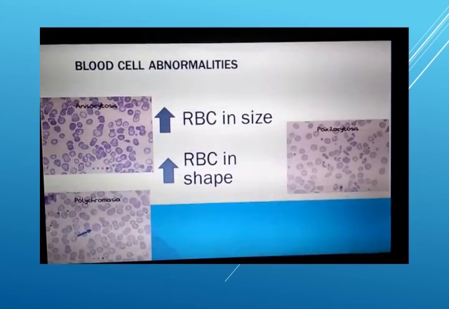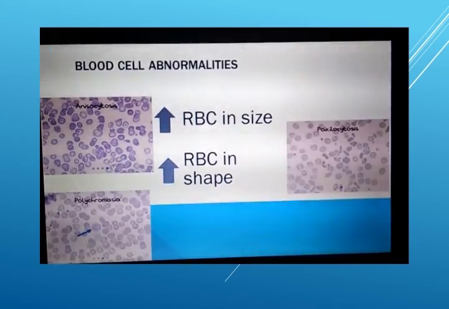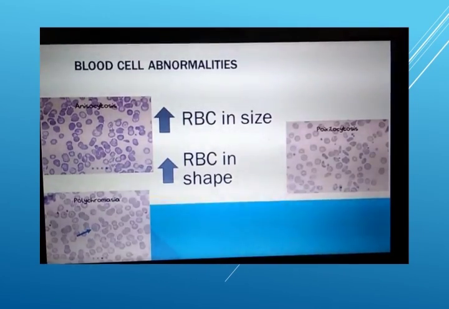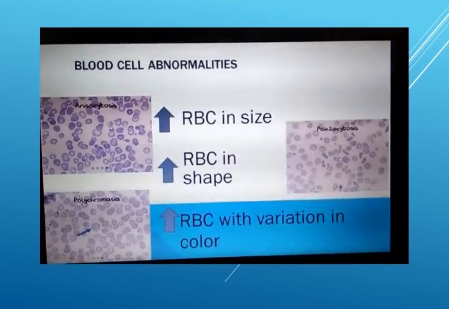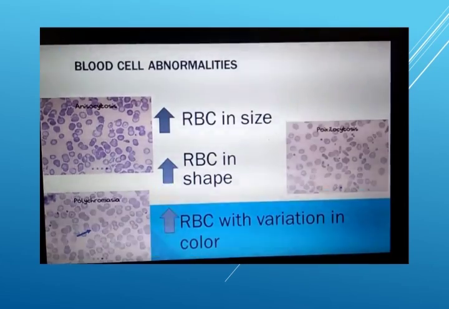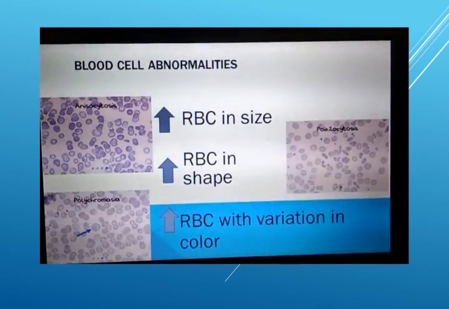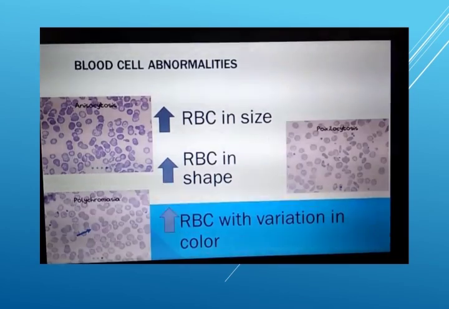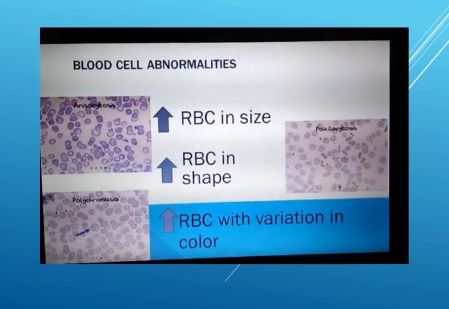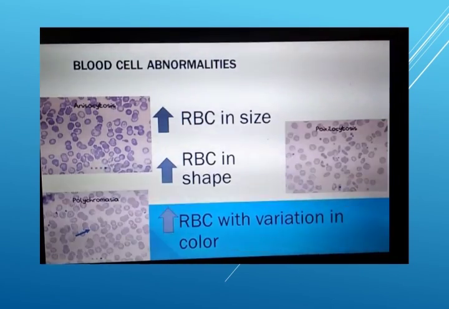By the way, polychromasia is just an example of polychromatic erythrocytes, which have an increase in RBC with variation in color. That means it lacks a central pallor in its color. And poikilocytosis, yes, in shape, but these are very easy to find when we use a microscope through manual testing.